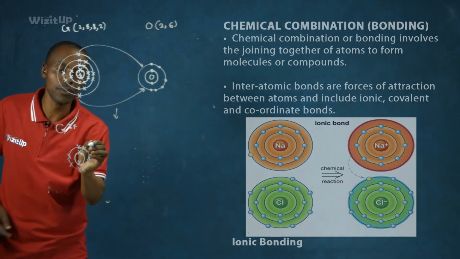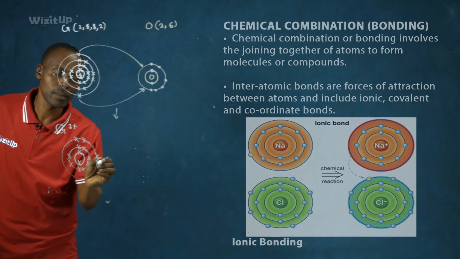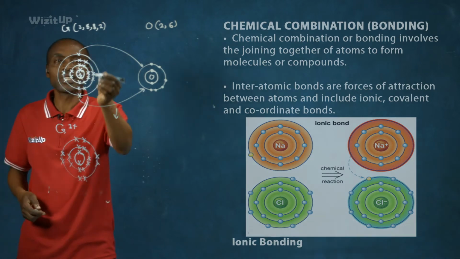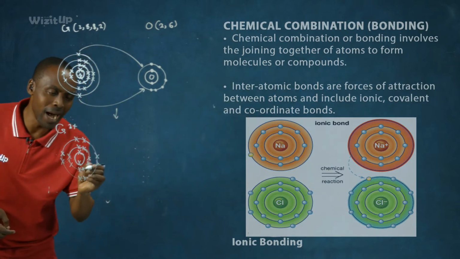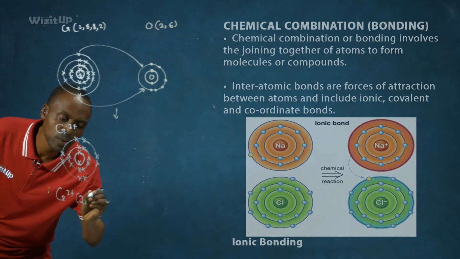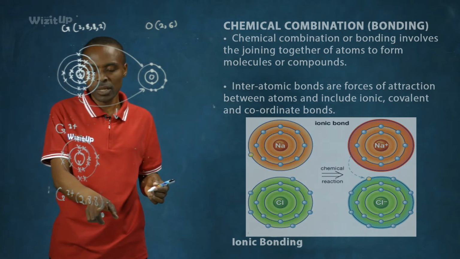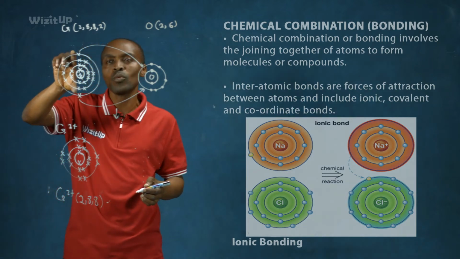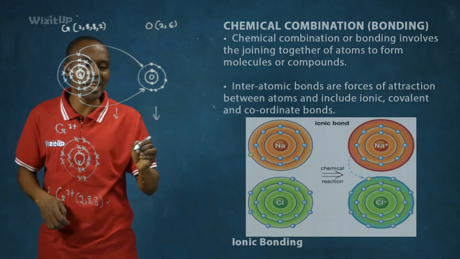It has 8 electrons in its outermost shell because it has lost the outermost electron shell. This is the calcium ion with electronic configuration 2, 8, 8. So it is stabilized. In other words, it has a completely filled outermost shell, unlike at the initial stage where it had 2 valence electrons. Now let's look at the new oxide ion.